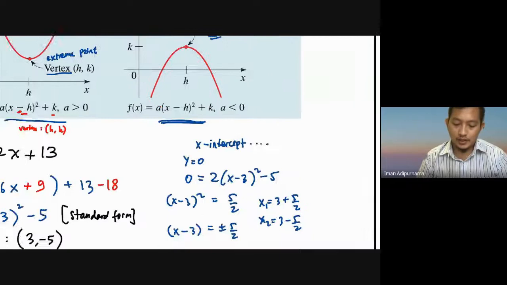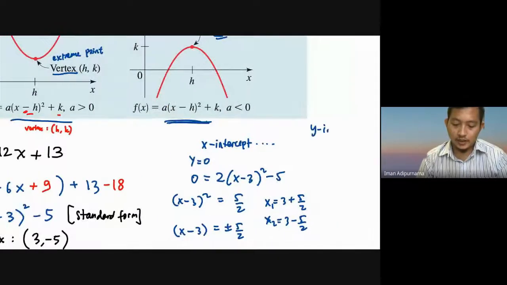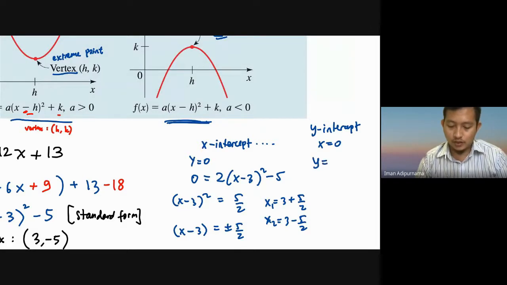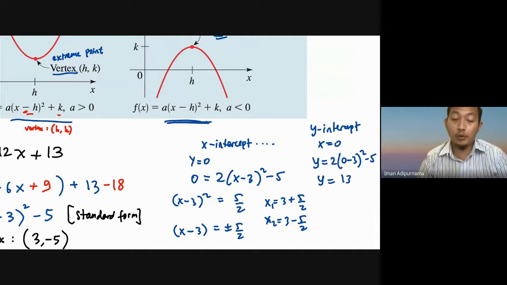And if it is asking for the y-intercept, you need to make x equal 0, then you can write y equals 2 times 0. This will be 18 minus 5 is 13. So y equals 13 is the y-intercept. So it will be passing through y equals 13.